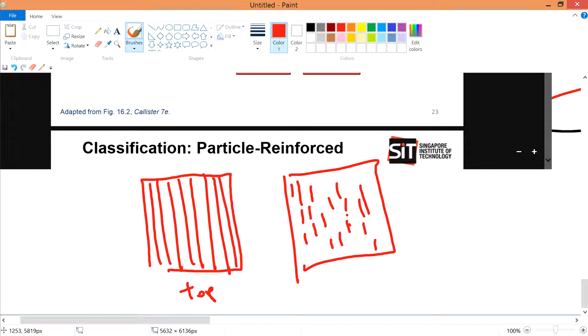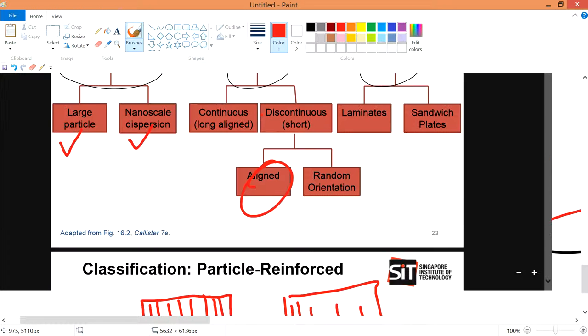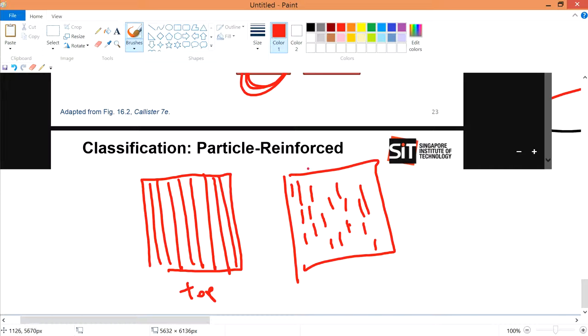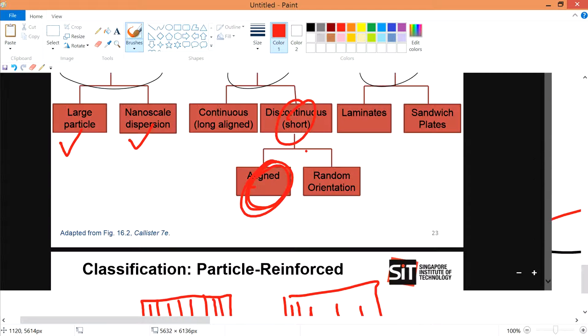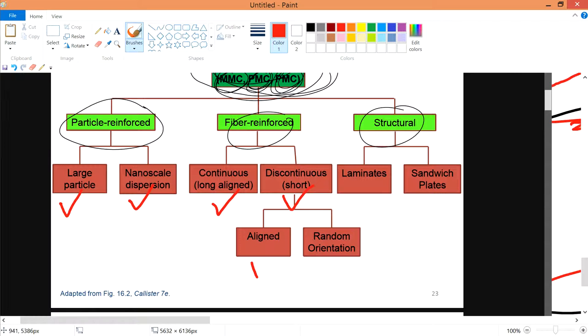These are all aligned, but discontinuous short. They are aligned in this direction, all straight. If it's random orientation, this means it's randomly aligned, things like that. Therefore we have done this, and this.